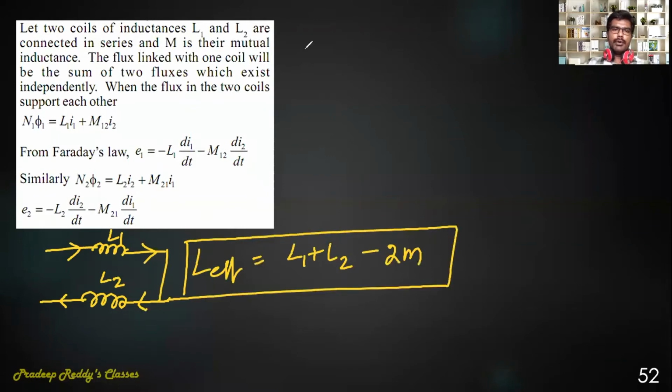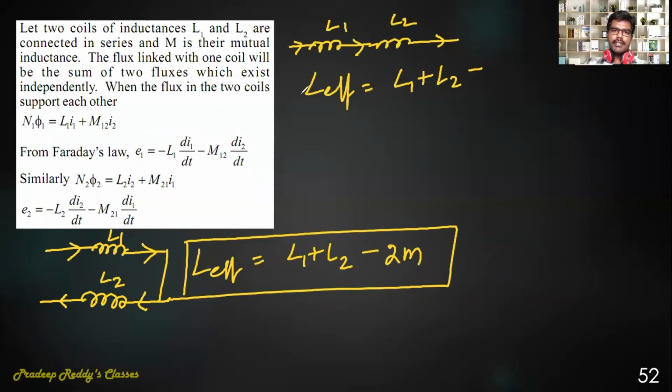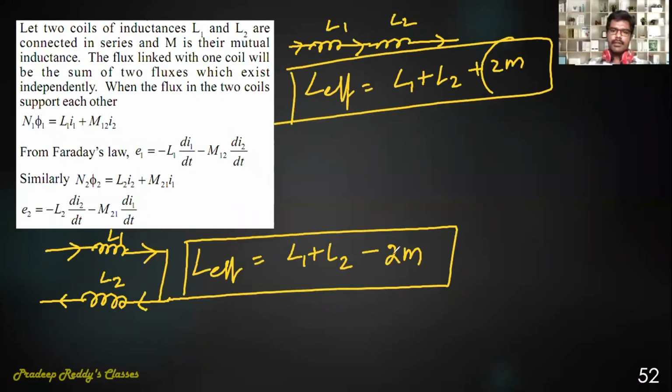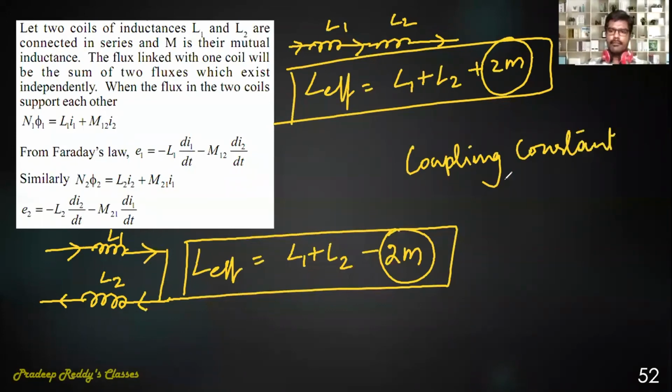So if current is in the same direction in both the inductors, then L effective can be written as L1 plus L2 plus 2 times M. And this additional term which is included is called the coupling constant.